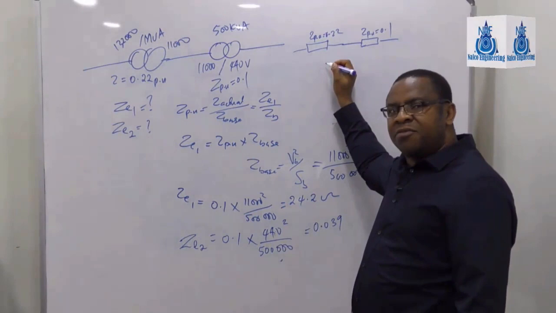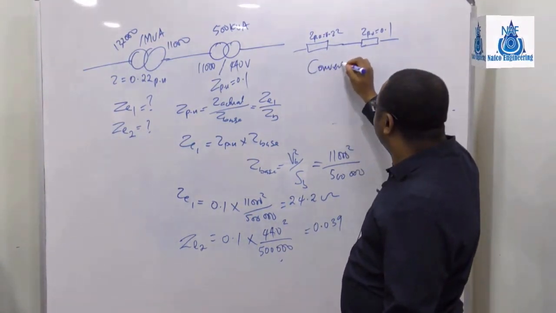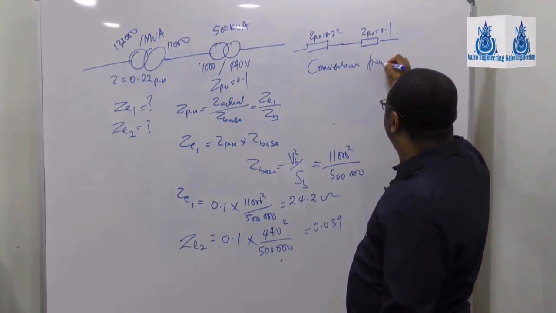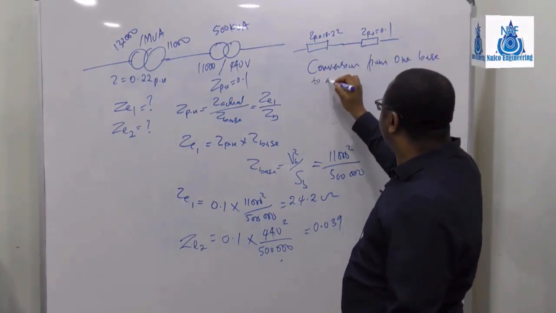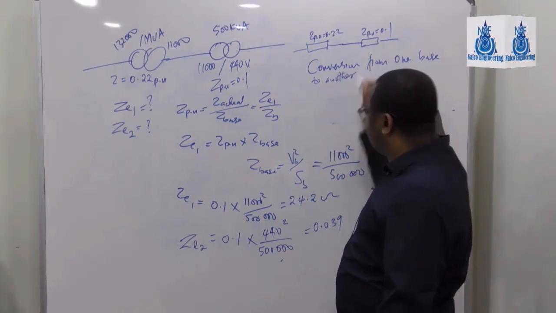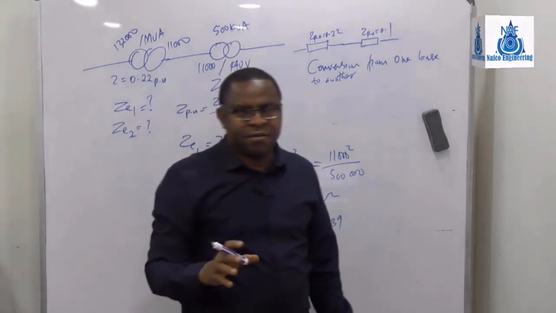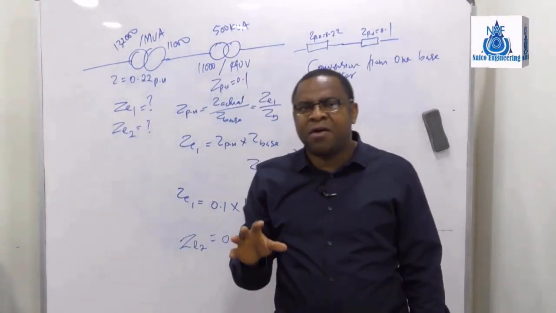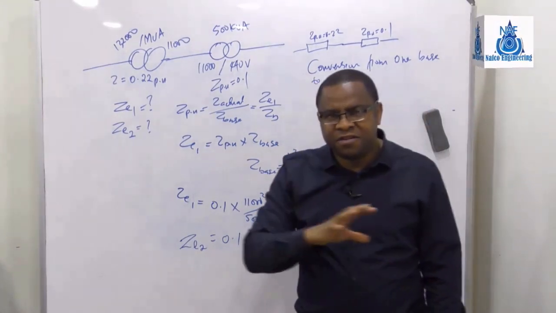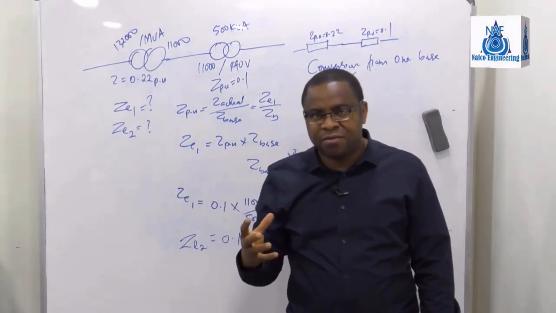So we're looking at conversion from one base to another. In per unit calculations, the apparent power must be the same. We have to make them the same.